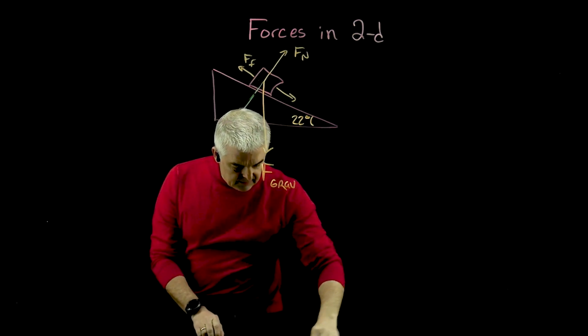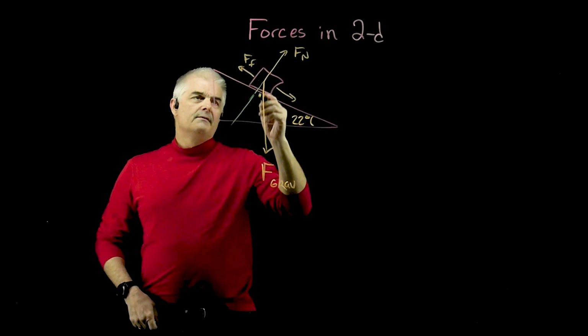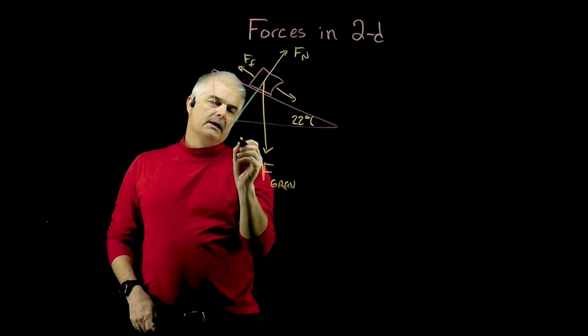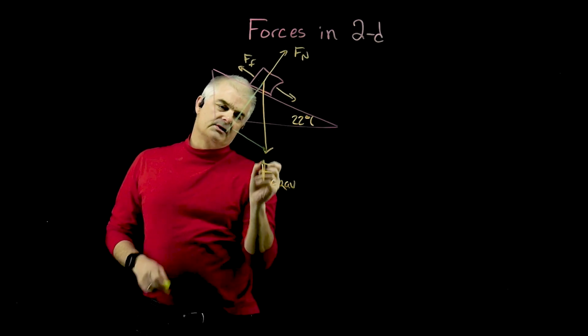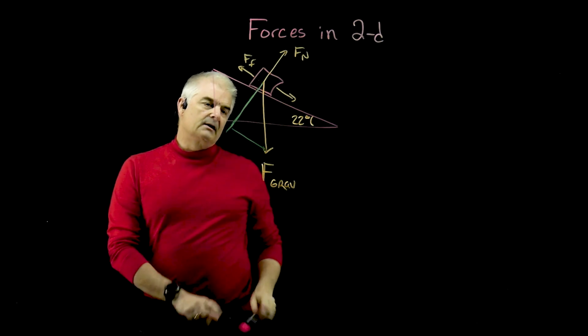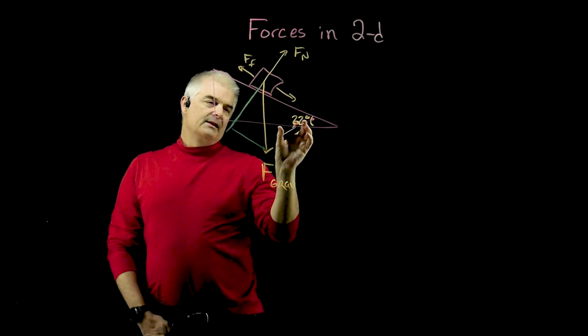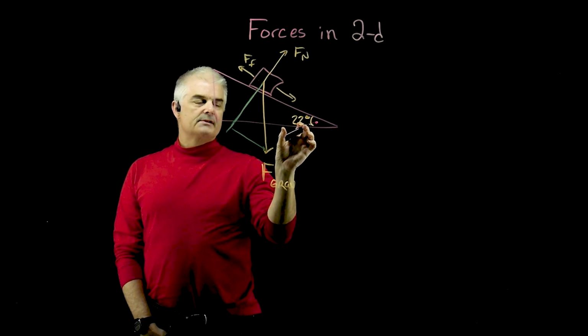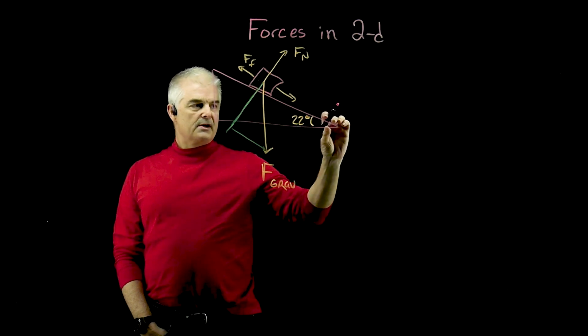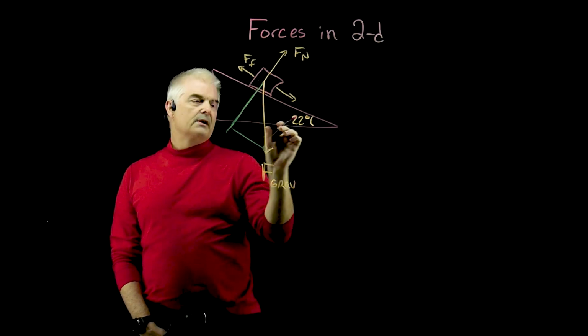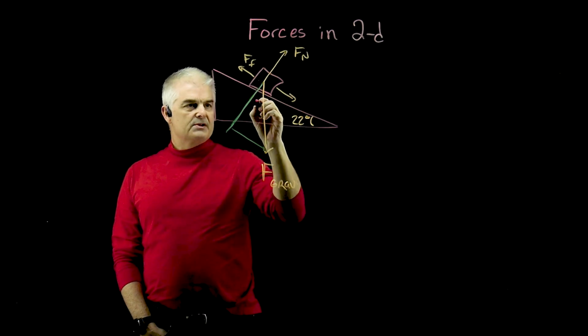If I draw a triangle here, essentially the hypotenuse is going to be the force of gravity. We have similar triangles. This triangle, the purple triangle, is similar to this triangle. So if this is 22, then that makes this 22 degrees.